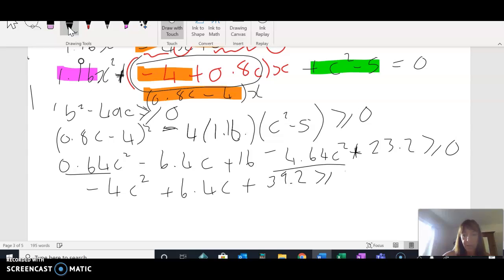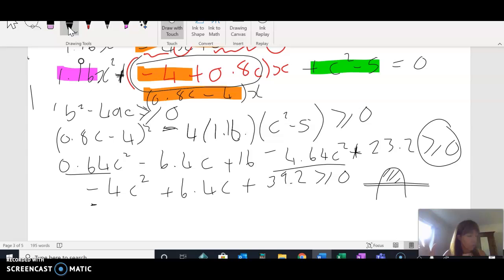And we're looking for, where is that? I hope you recognize that's a parabola. This is telling me that it's a negative parabola. And I'm looking for, where is this graph greater than 0? Now, this is my x line. The y output is greater than 0 above my x-axis, all above my x-axis.